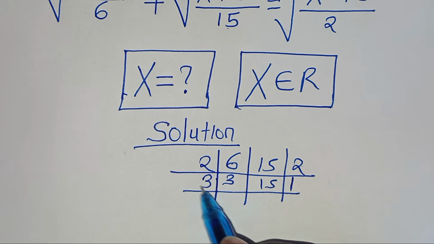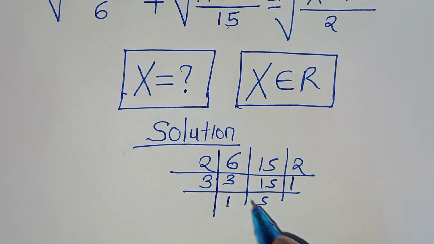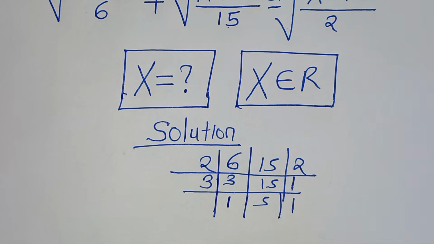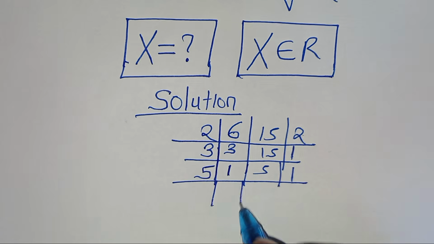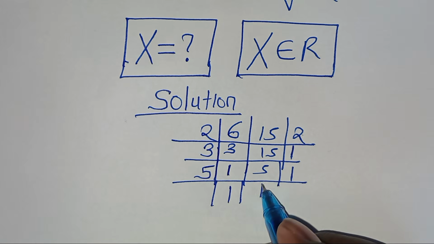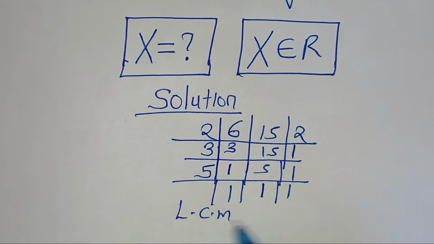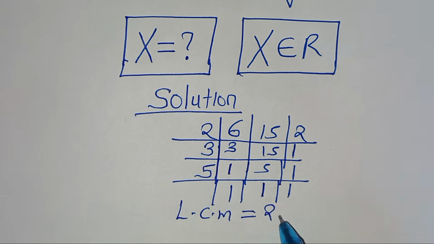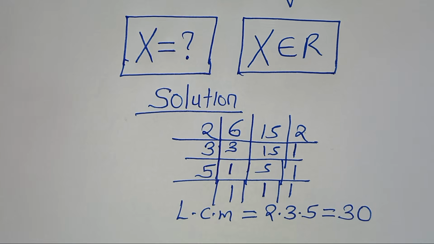Then 3 divided by 3 is 1, 15 divided by 3 is 5, and then we have 1. 5 divided by 5 is 1. So we have the LCM equal to 2 times 3 times 5, and this is equal to 30.